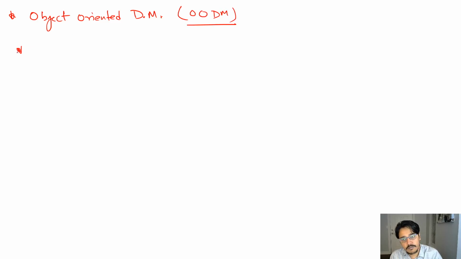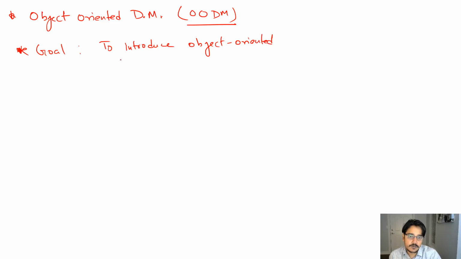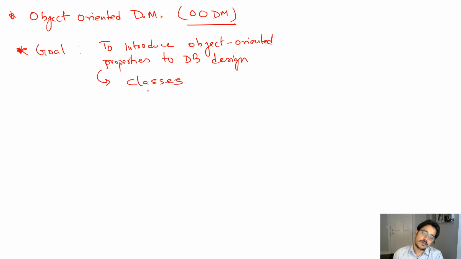So the main idea here is to introduce object-oriented properties to database design. So specifically, the introduction of the concept of classes. So classes is basically the way of introducing or implementing the different properties.